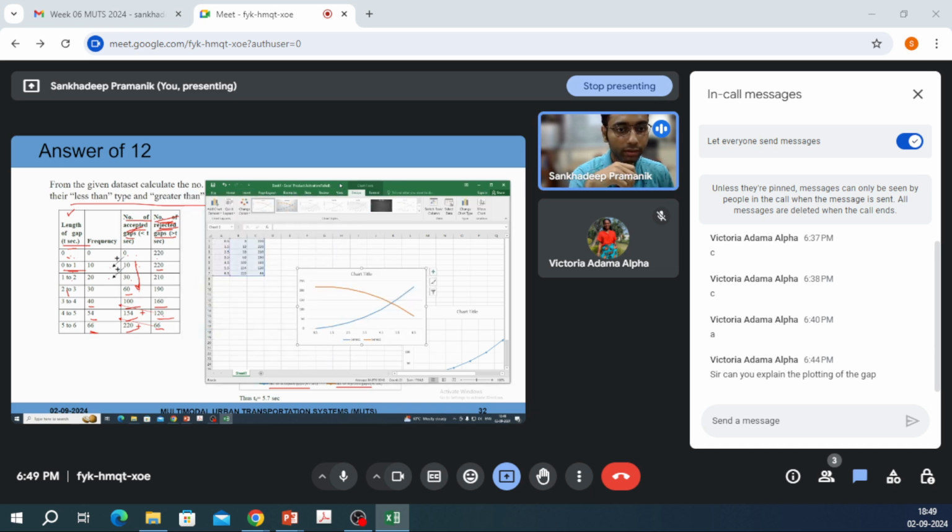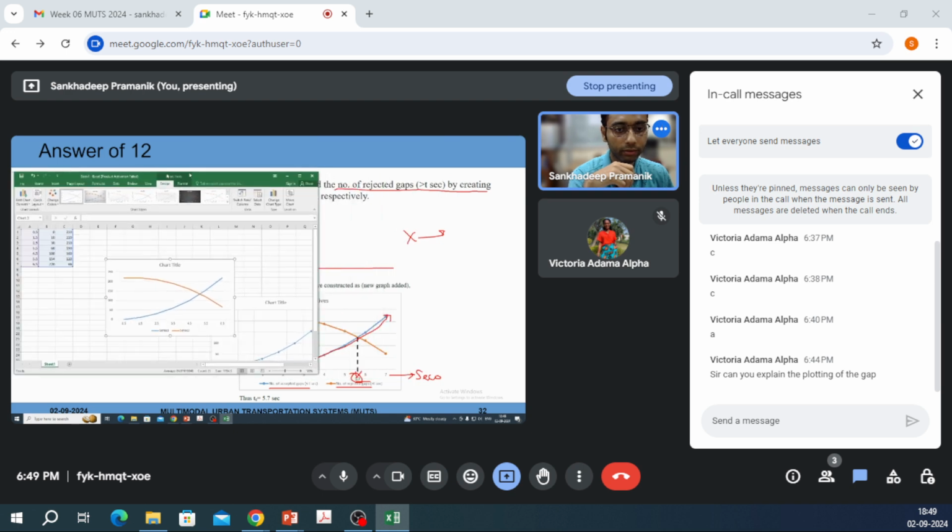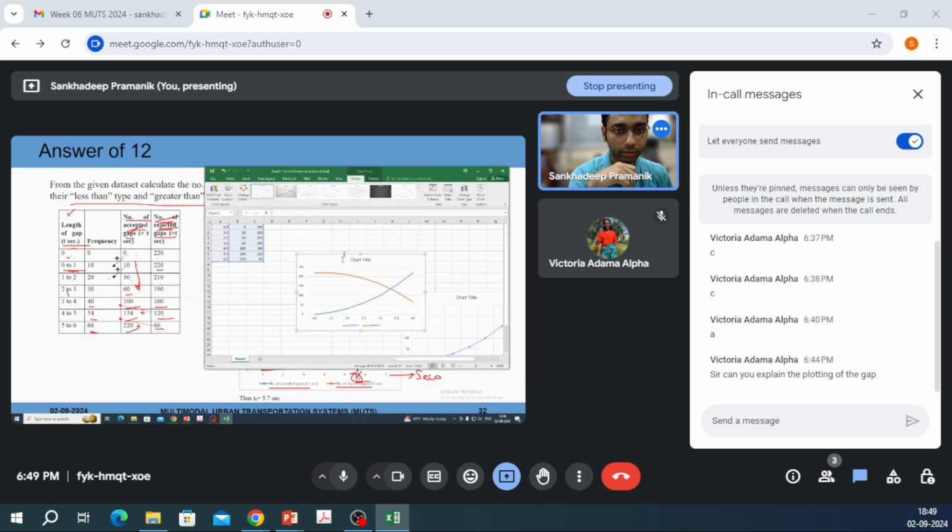you can see that it is similar to this graph, that one is an increasing trend, that is the accepted gaps. As the time is increasing, like maybe a person is not accepting a gap of 2 seconds between two vehicles, but many more people will accept a gap of 6 seconds or 7 seconds, so it is an increasing trend.